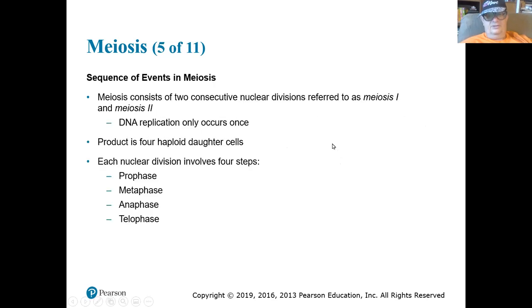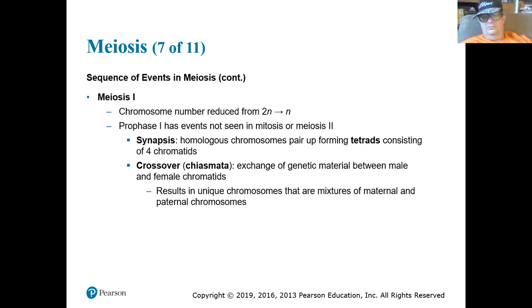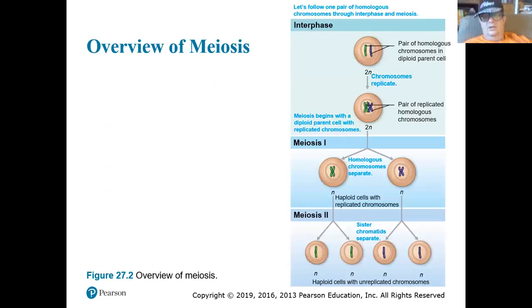Let's see if they have a picture of the crossing over. All right, they do not. So let me explain this real simply. When we are in normal cell division, I'm gonna see if we've got a picture here. If not, I'll go get one.